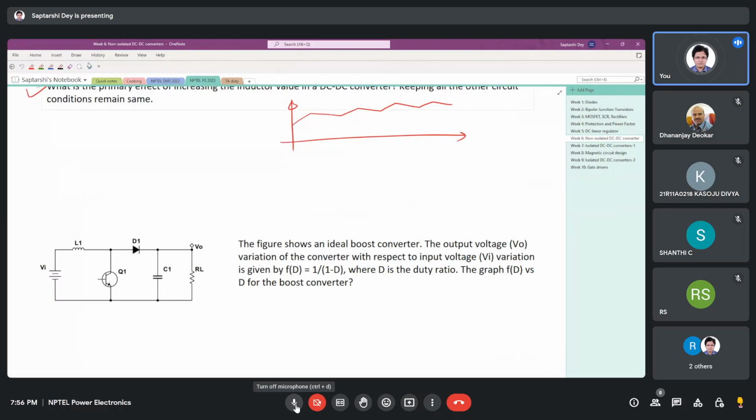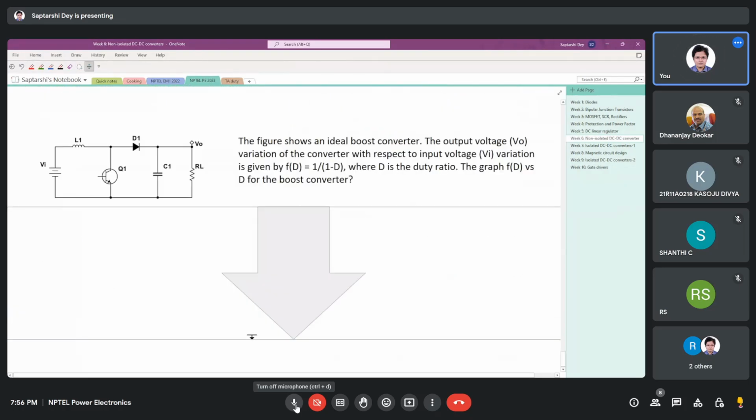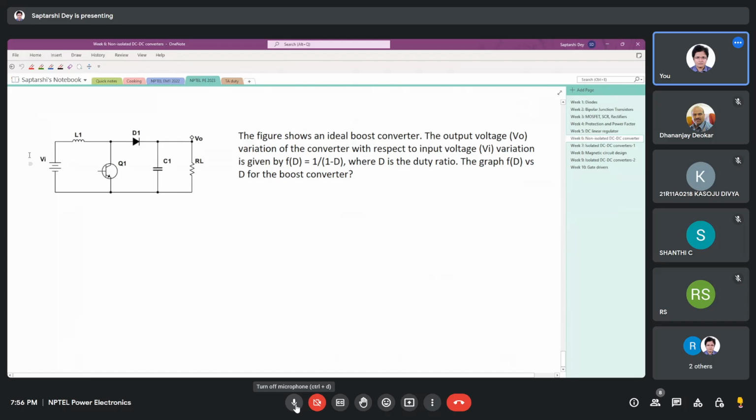Okay, one last thing we will discuss about this circuit and then we will stop for today. This is a boost converter. Output voltage variation of the converter with respect to input voltage is given by this.